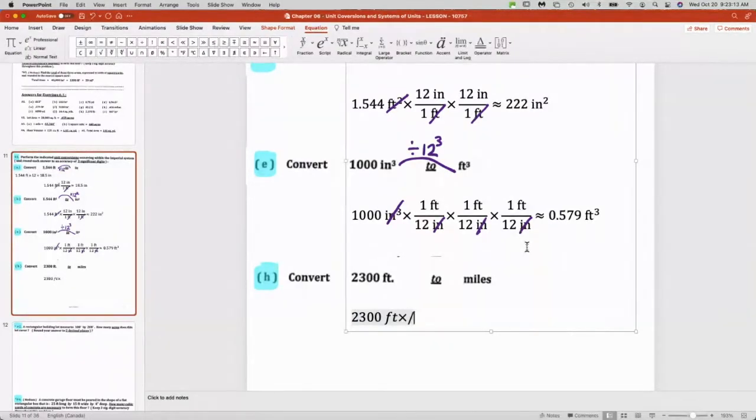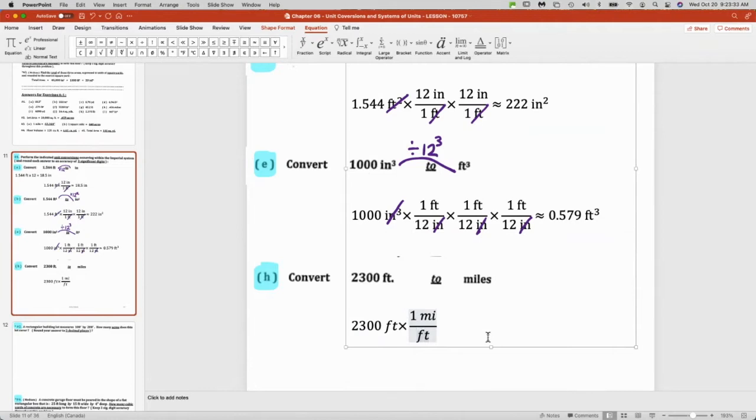2,300 feet times, now we just said that a mile is so many feet, but I do know this. I got to put miles on the top and feet on the bottom because I need the feet on the bottom to cancel with the feet over here. So that's the first thing I do. Then I write down the numbers that relate these two.